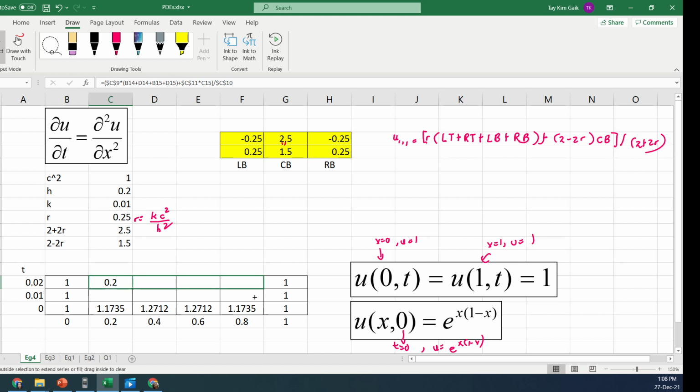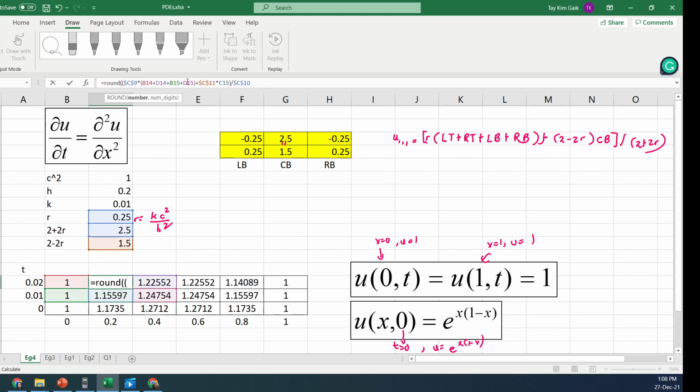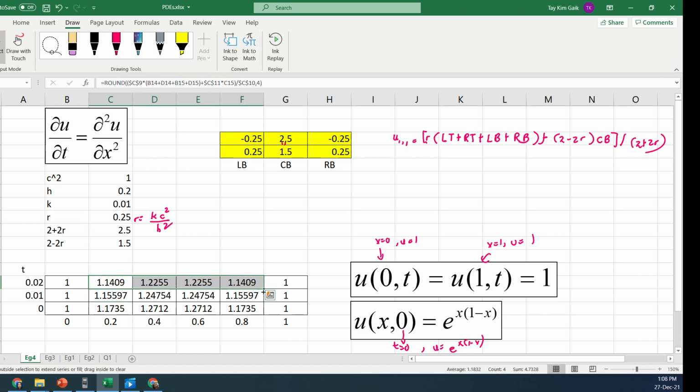Then you just drag down. Or you may round it to 4 decimal places to compare with the manual solution obtained using a scientific calculator. Okay, let me check.